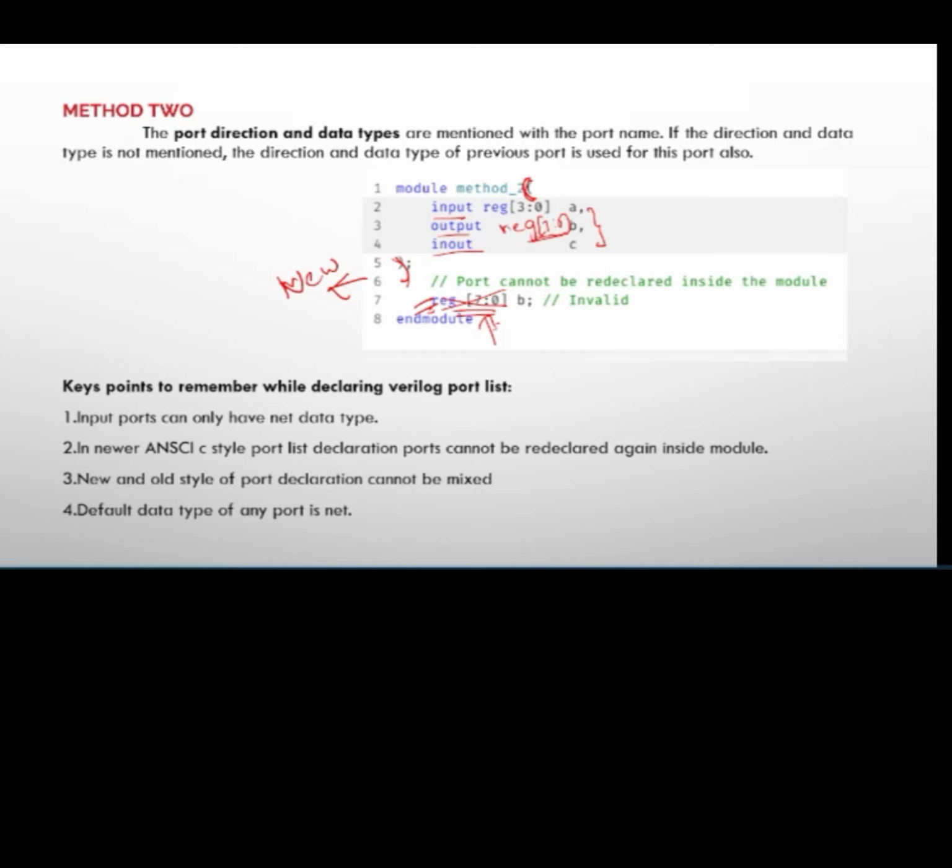Here this is also invalid: input reg 3 down to 0 A. And one more invalid thing: after declaring it here, we can't declare it here. If you want to declare this, you should just declare it here itself. Got my point? So this is how the port declaration is done.